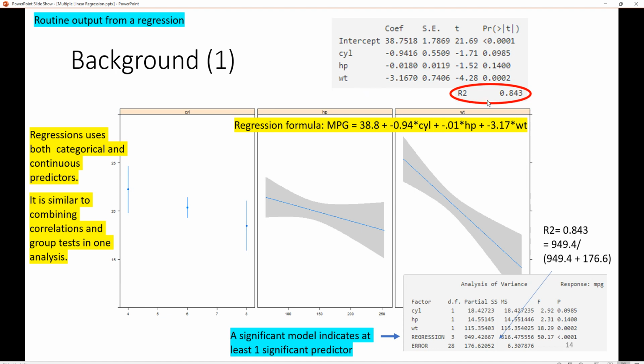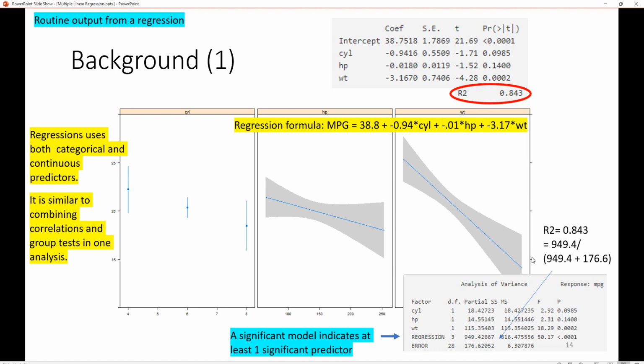And we get an overall sense of how well this model performs through our R-square. It ranges from 0 to 1. We see that 0.843 is high. That's actually very high. So we say that this has good model performance and suggest a good model.